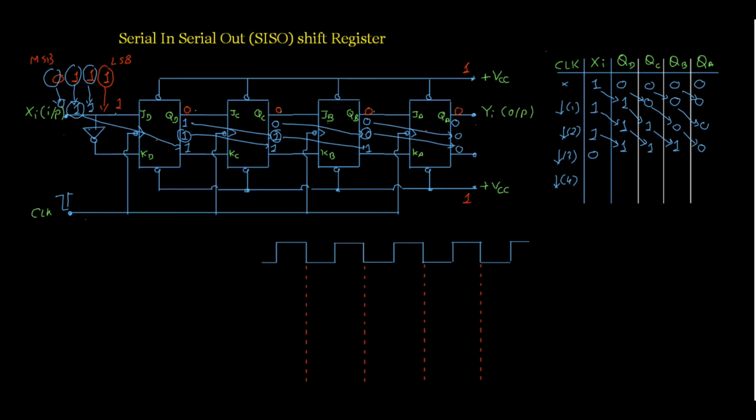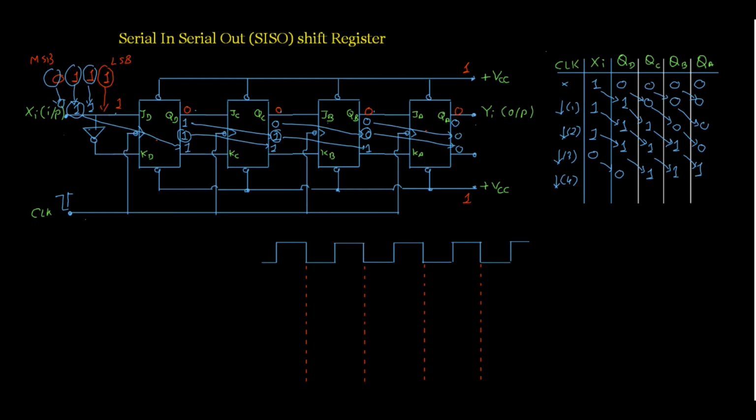The same way, here the 0 will be transferred to the D flip-flop, the 1 will be transferred to the C flip-flop, this will be transferred to the B flip-flop, and this one is transferred to the A flip-flop.